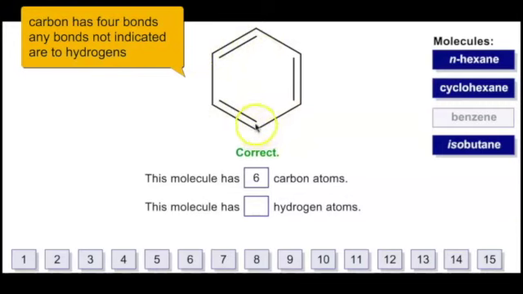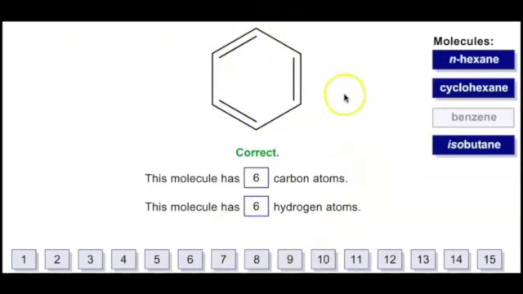So that means at each carbon, there's only room for 1 more, which is going to a hydrogen atom. So this would be 1, 2, 3, 4, 5, 6 hydrogen atoms. So the overall structure of this, which is called a benzene ring, ends up being a flat disk with all the carbons in a flat plane and the hydrogens extending out from the plane.